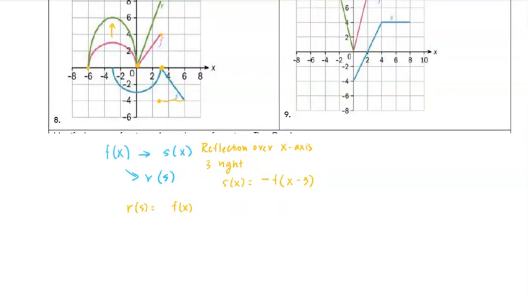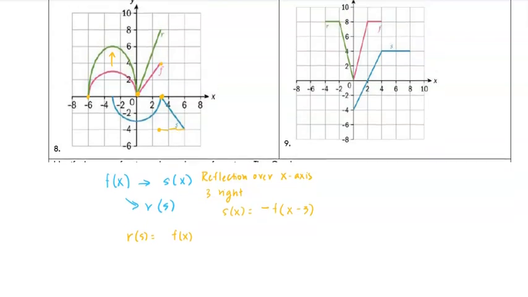But if I take, for example, this point right there, and it became that point, that's a 4, and that's an 8, so it's doubled. And if you look right here, that looks like a 3 and becomes a 6. Okay, so it's doubled. Just like that. It doubles the y values.